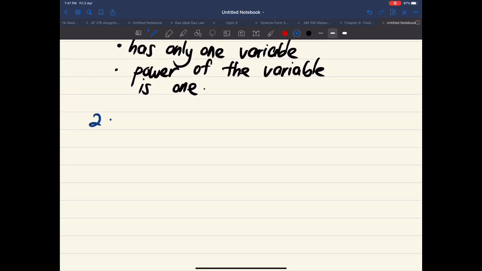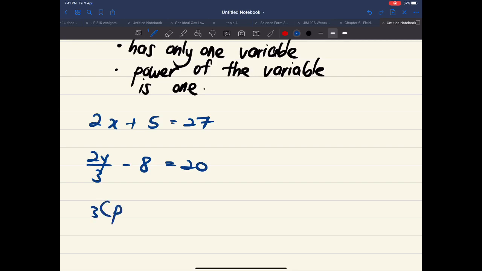Example, 2x plus 5 equals to 27. 2y over 3 minus 8 is equals to 20. 3 bracket p plus 1 close the bracket plus 4 is equals to 9.